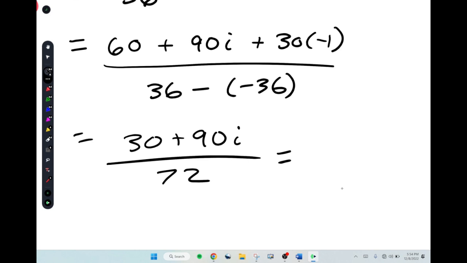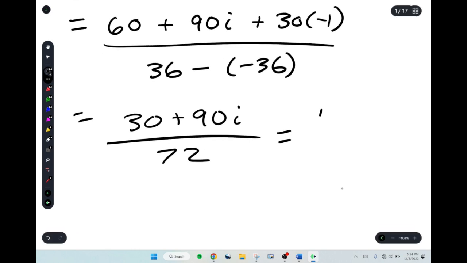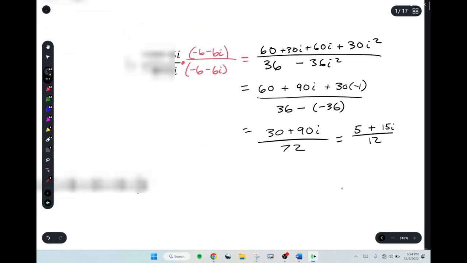Yeah, it is 12. So divide all these by 6. What's 90 divided by 6? 15. Yeah, that's true. Oh, is there more? No, that's it. Okay, cool. That's the answer.